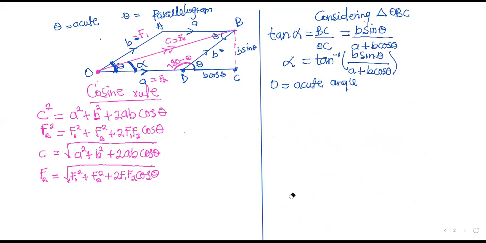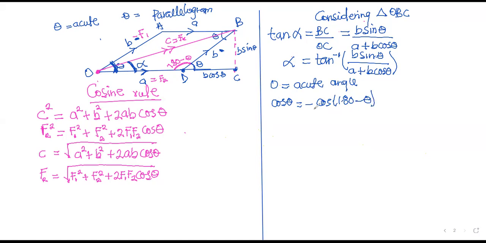Okay, so we can also express the cosine rule using the corresponding acute angle. You see, the acute angle theta, its corresponding obtuse angle is 180 minus theta. So cos theta must be equal to negative of cos of 180 minus theta.